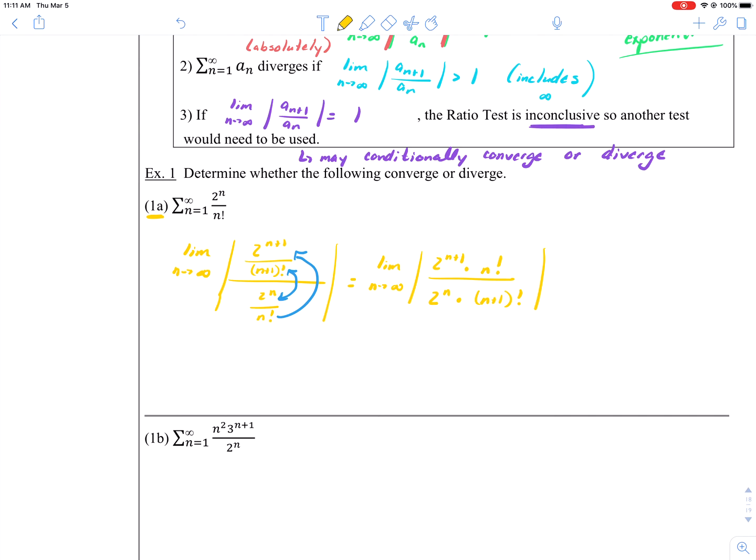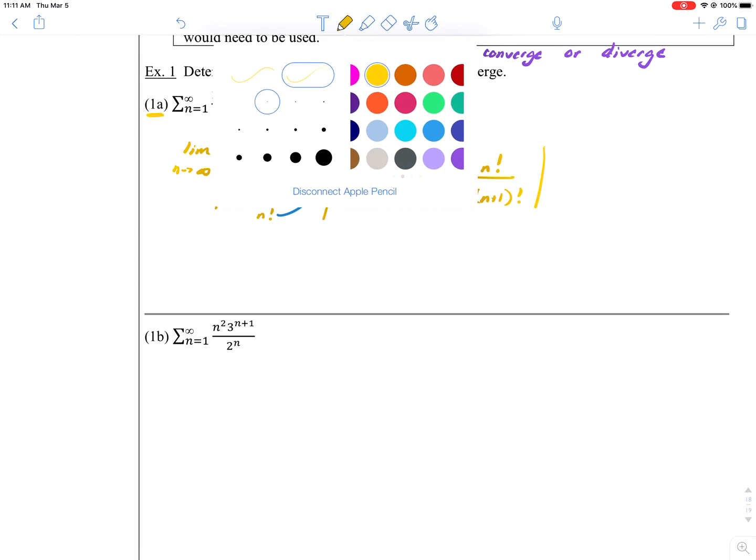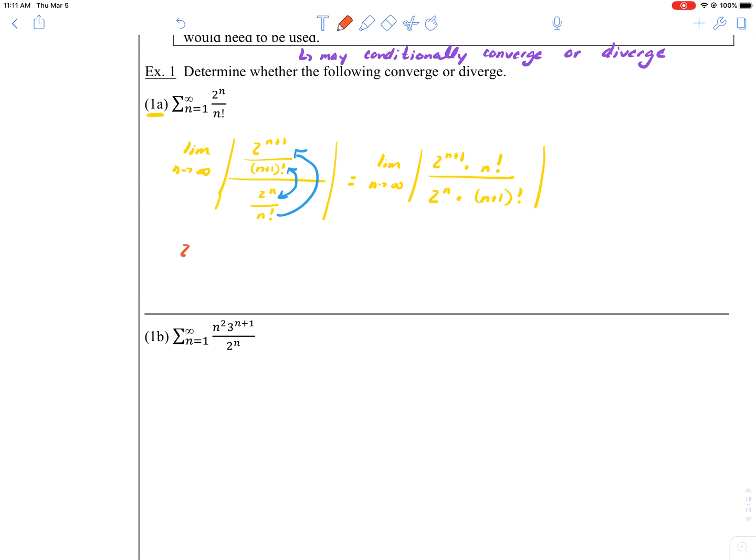I'm still required to reduce this, though, so that I can actually evaluate the limit. Obviously, if I've got 2 to the n plus 1 over 2 to the n, you could break that up if you want, 2 to the n times 2 over 2 to the n. But if you can just see it, you're supposed to subtract these exponents because they have the same base. You obviously end up with 2. So that is going to reduce for me. Now with factorials, we've also talked about the factorial piece, where this would be n times n minus 1 times n minus 2, and we would go all the way down to times 2 times 1.